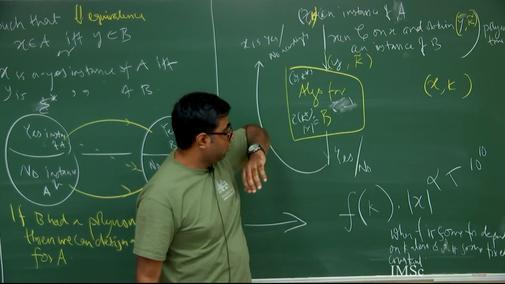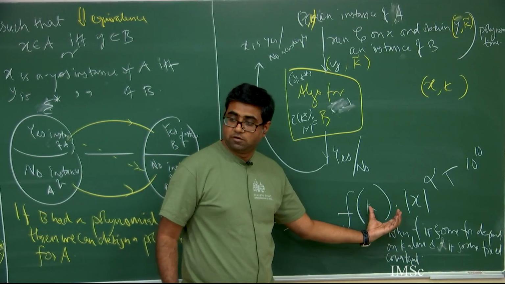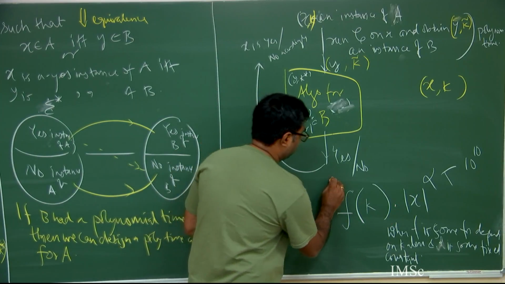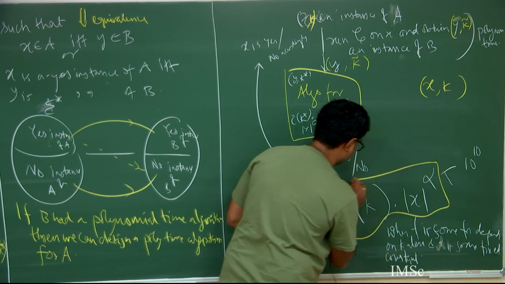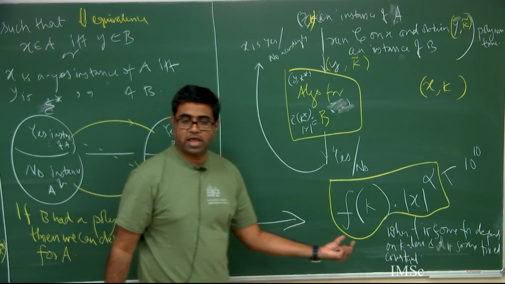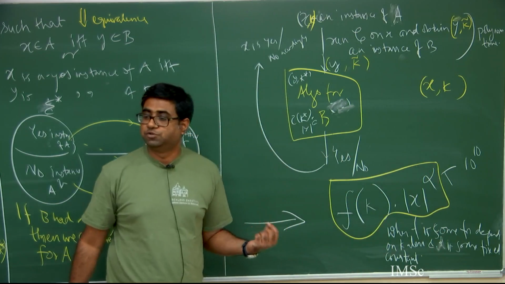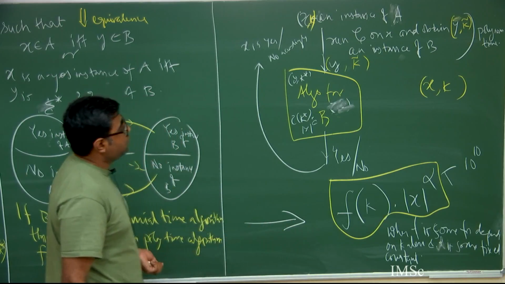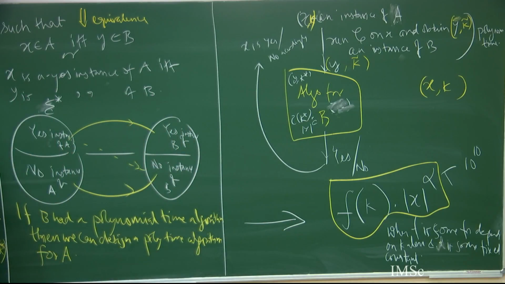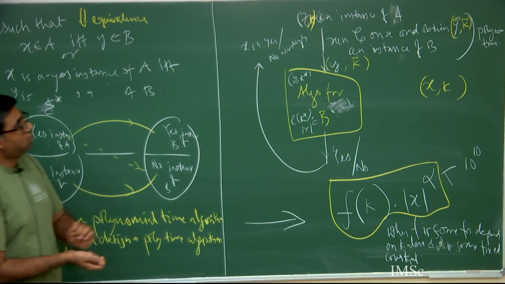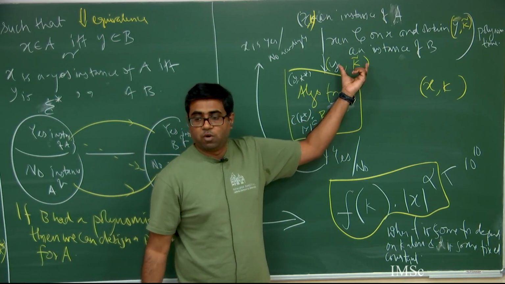But now all I want to rule out is such an algorithm, f of k times |x| to the power alpha. It means I can take that much time to construct this instance (y, k tilde).